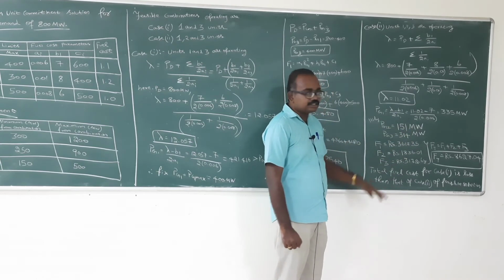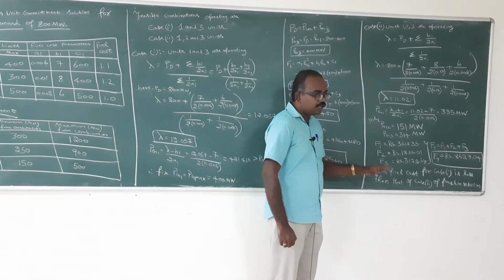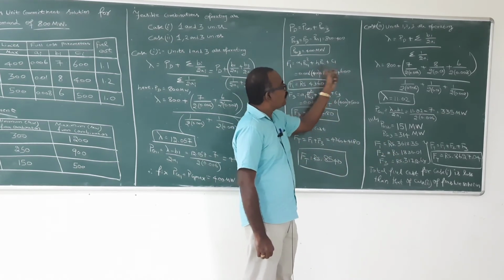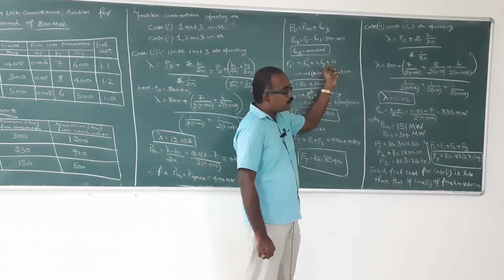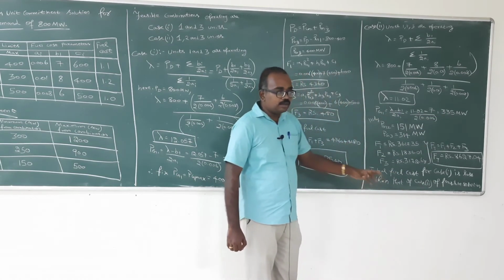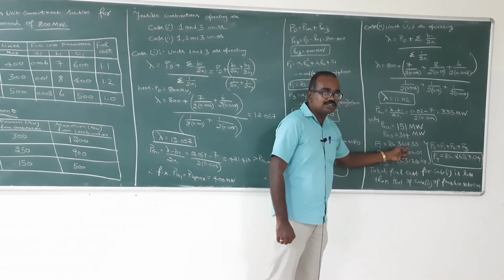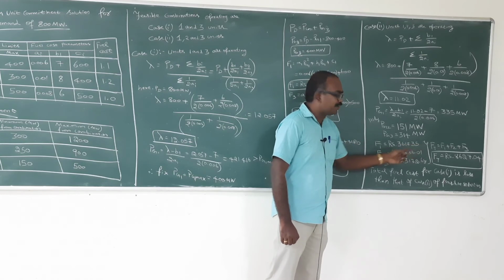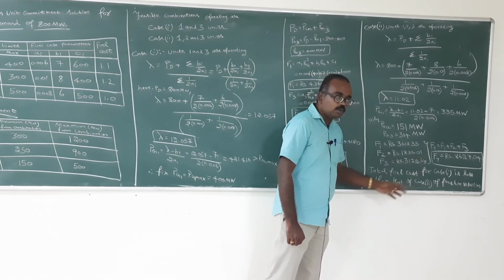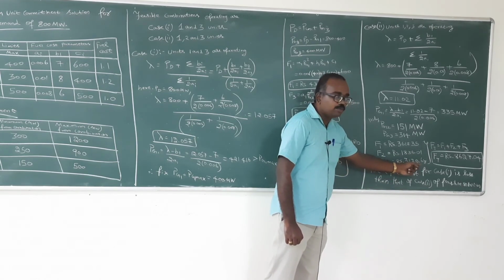Next, we find the fuel cost functions, that is F1. The formula is the same. Instead of Pg1, we substitute Pg1 as 335. Kindly work it out, and I get F1 equal to 3618.35, F2 equal to 1836.01, and F3 equal to rupees 3172.68.